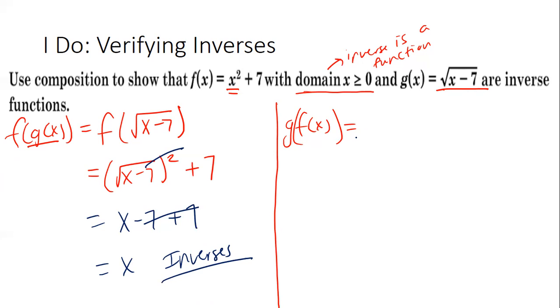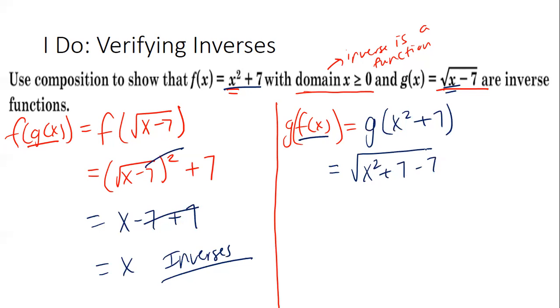So doing it the other way, this time we're plugging in f of x in for x of g of x. So g composed of x squared plus 7 equals the square root of x squared plus 7 minus 7.